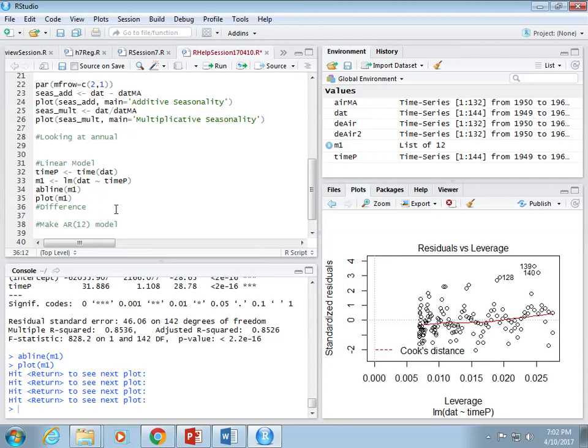Well, you'd add another variable that's just time squared. I'll call this the quadratic model. I'll call it time p2 for time p squared, and I'm just going to square time p. You can square it by just doing 2 stars and a 2 like that.